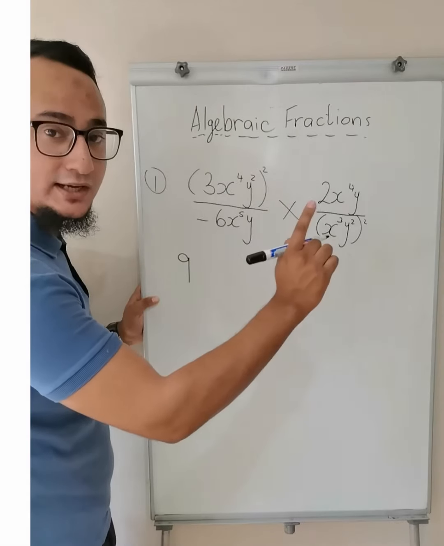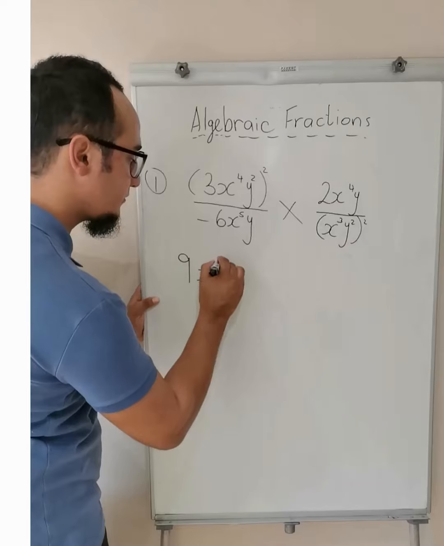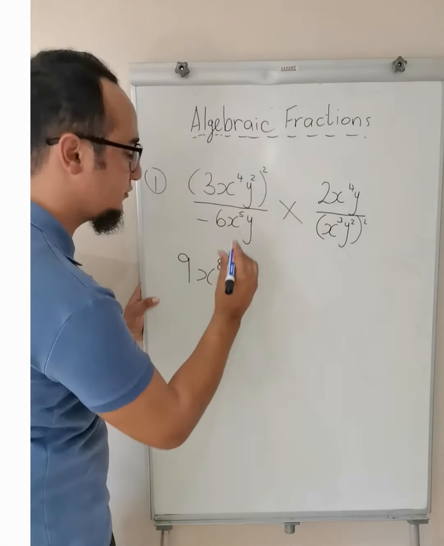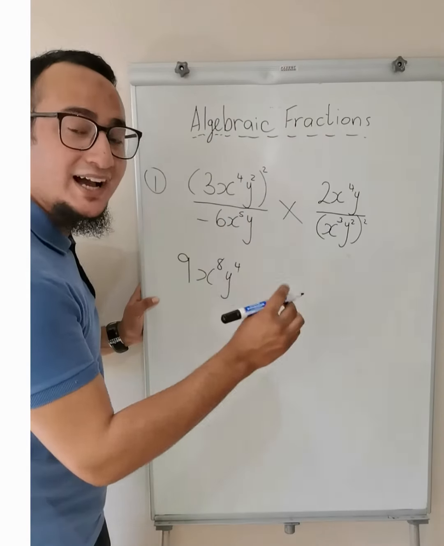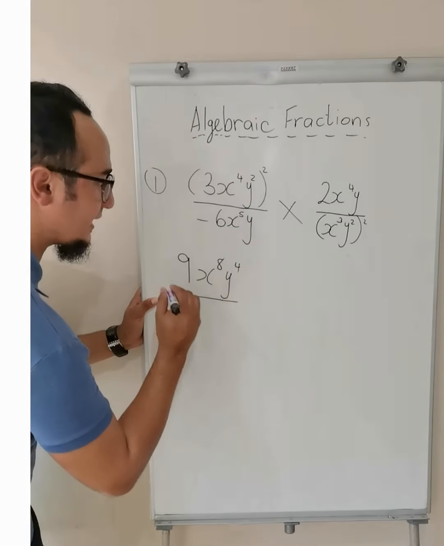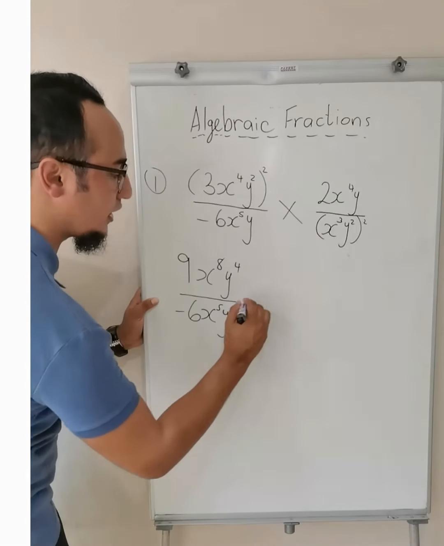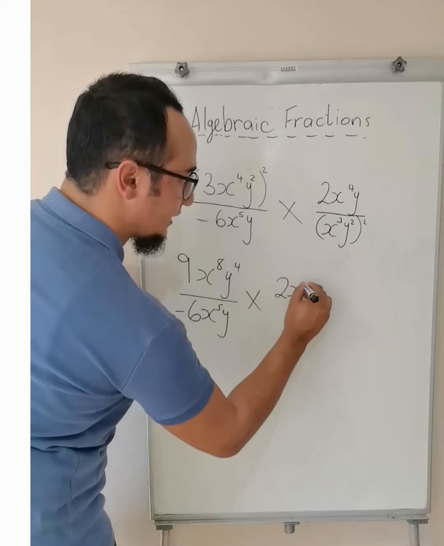I multiply the exponents. So 4 times 2 is equal to 8. Y squared raised to the power of 2 is y to the power of 4. Remember, I don't add them, I multiply the exponents. Okay? The bottom stays as is, negative 6x to the power of 5, y multiplied by, there's nothing I can do with that just yet, so I leave it as is.